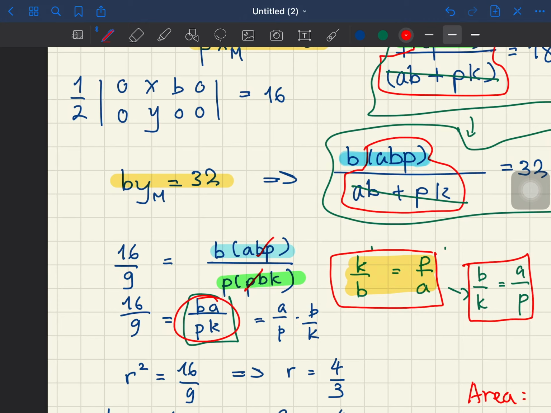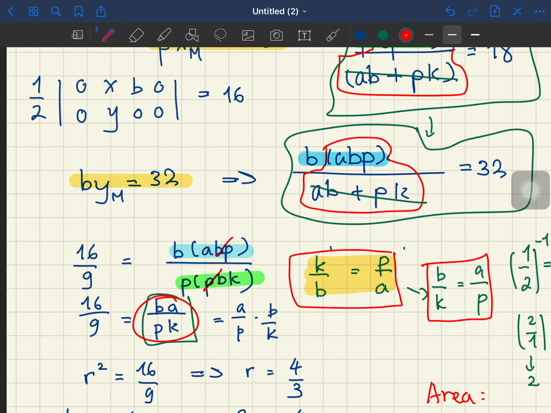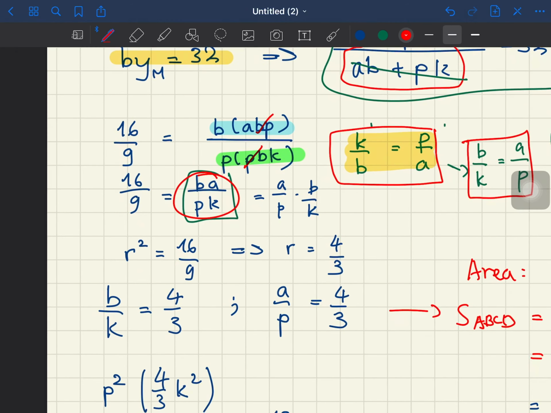And then you have r, which is nothing but b/k, and it also equals to a/p. So you can just use one of them, b/k for example. So b/k equals to 4/3, and then a/p equals to 4/3, and you have the fourth and the fifth equation.